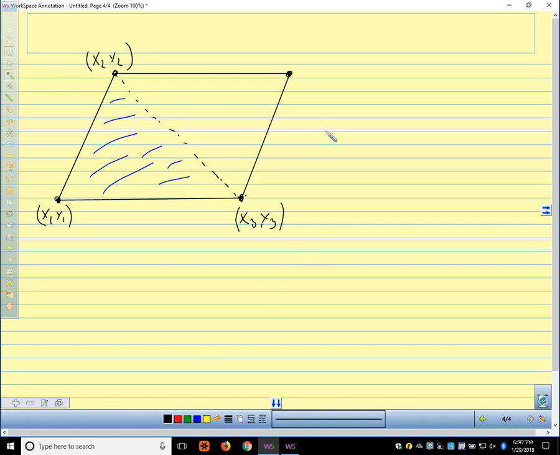So the area of the parallelogram is just going to be the absolute value of the determinant of x1, y1, 1, x2, y2, 1, x3, y3, 1.